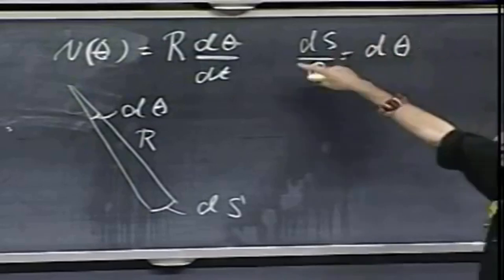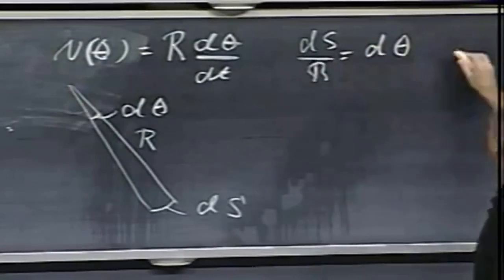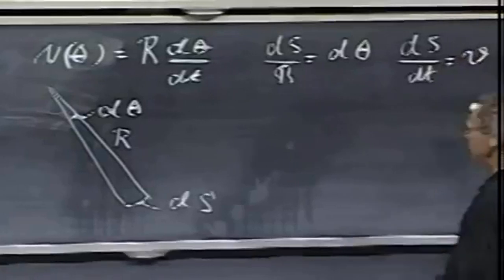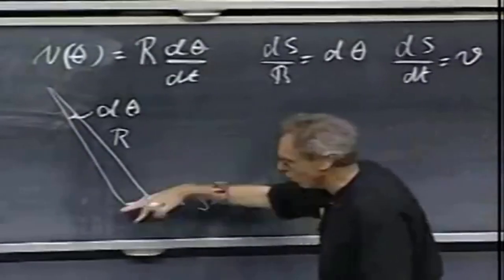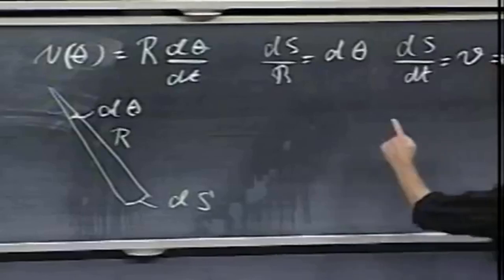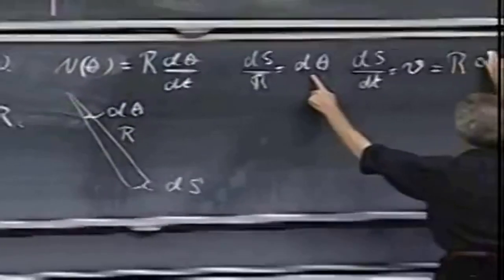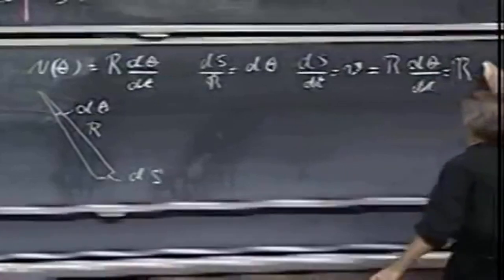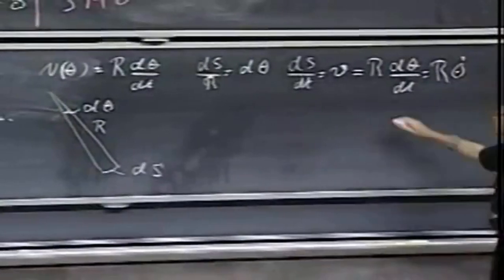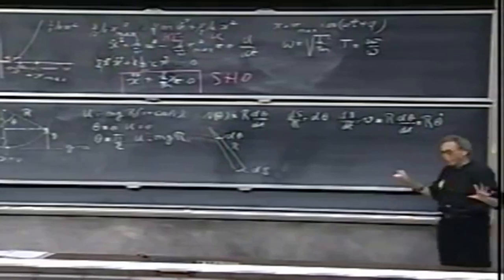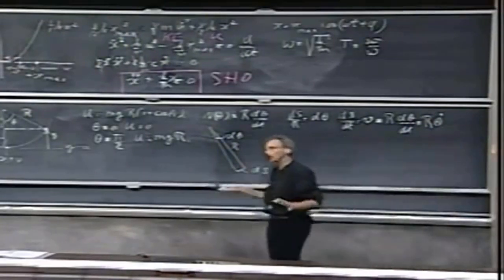So I take the time derivative, left and right. So I get ds/dt, which, of course, is the tangential velocity along that arc, equals r times d theta/dt, for which you can write r theta dot. d theta/dt is sometimes called omega, which is the angular velocity.